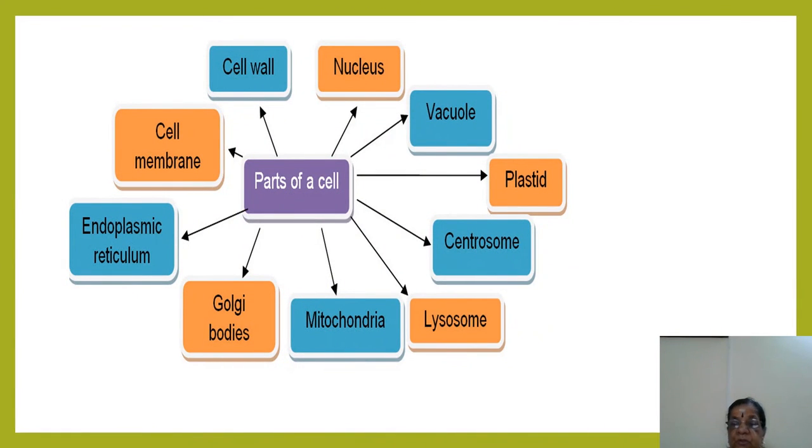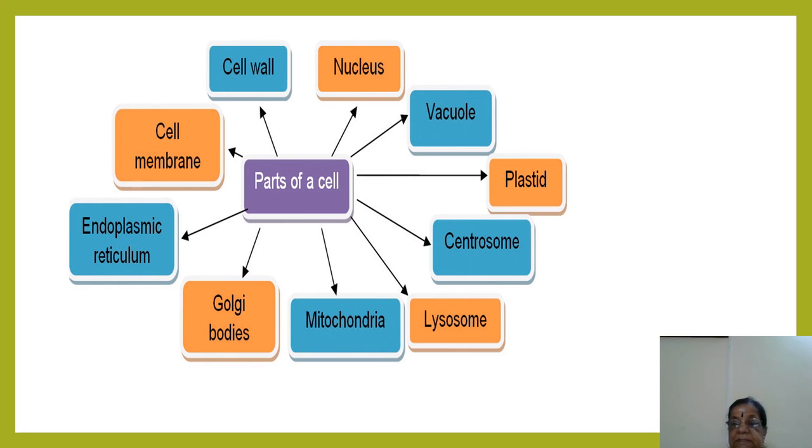Then when we come to eukaryotic cell, here we find different parts of the cell. Starting from cell membrane, cell wall. Cell wall and cell membrane are present in the plant cell, whereas in animal cell, we find only cell membrane. And then nucleus and cytoplasm. And that cytoplasm will have different cell organelles.